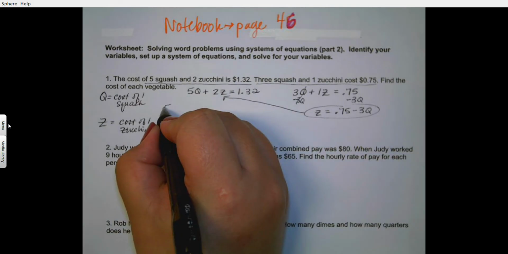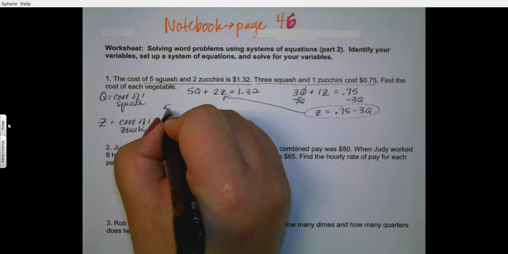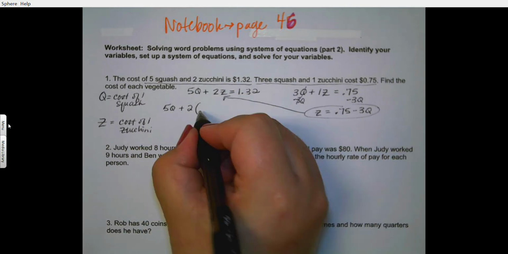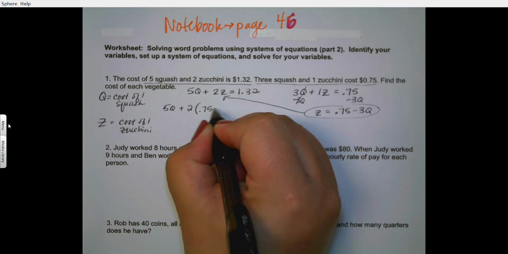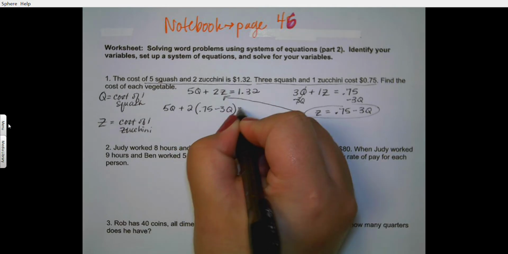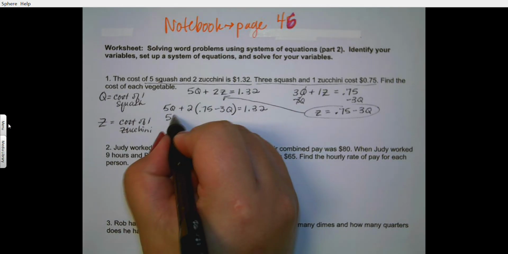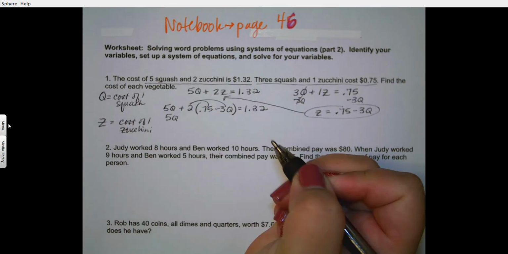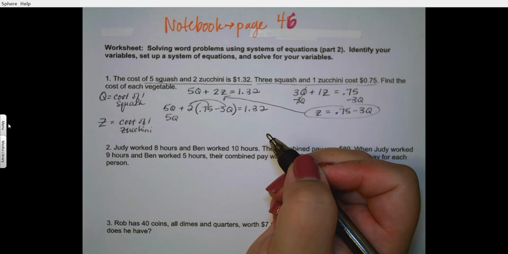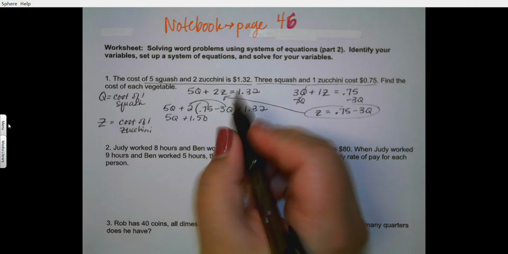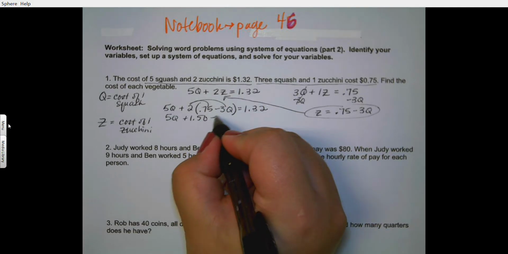So now I have 5Q plus 2, and instead of writing Z, I'm going to write 75 cents minus 3Q, is equal to $1.32. Now I'm going to solve for Q. So I'm going to distribute. 2 times 75 cents is $1.50, and 2 times negative 3Q is negative 6Q.